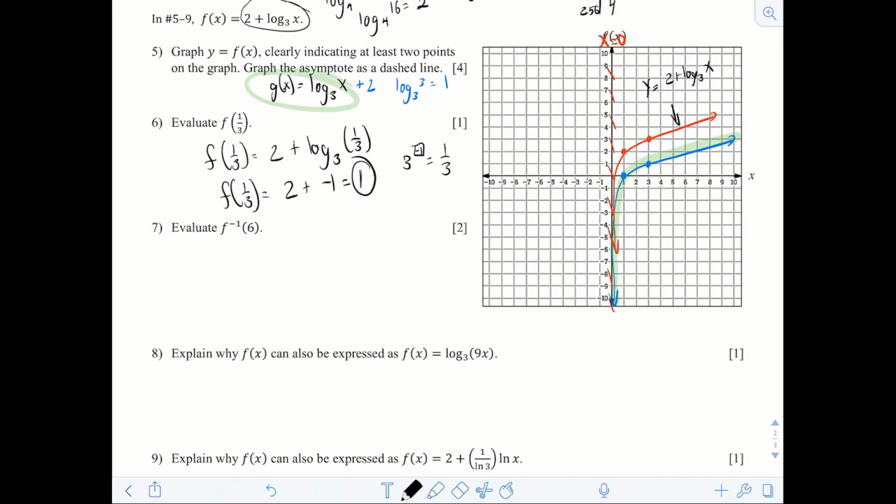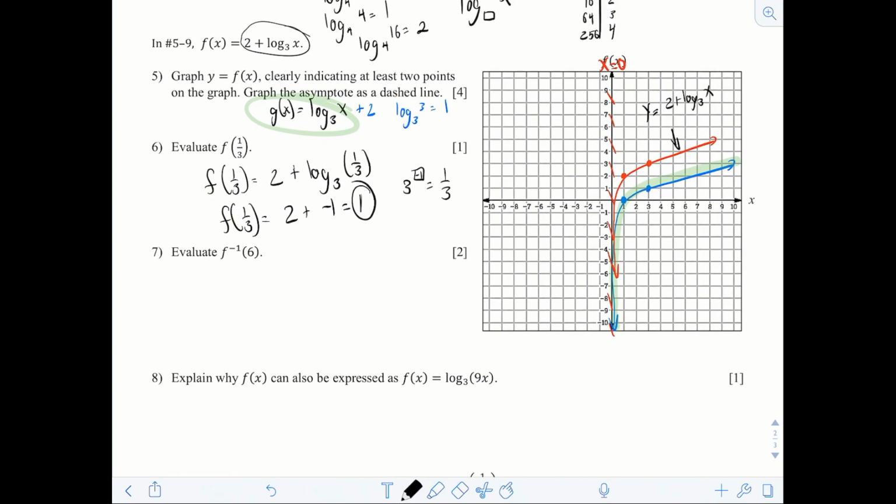Okay, so then it says find the inverse at 6. So what I'm going to have to do here is figure out what the y value is, because if I'm saying this is my inverse, this is normally my x for the inverse equation. I'm really saying, okay, let's plug into the y of the original function, because remember, they're switched.